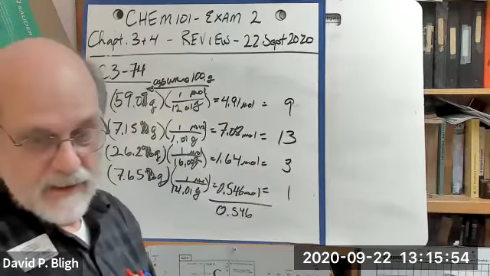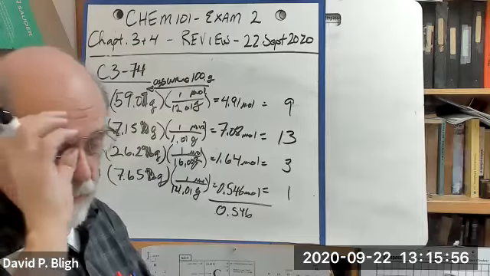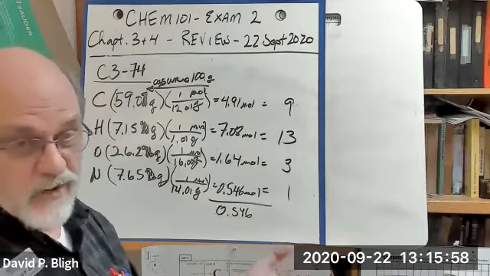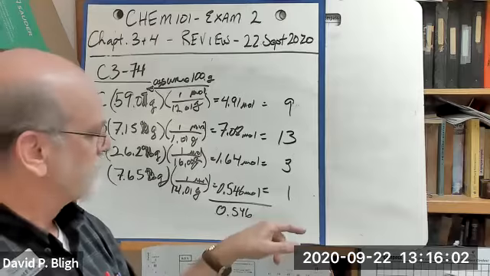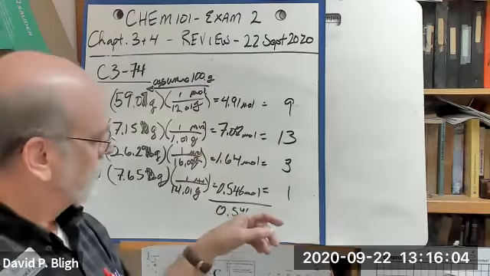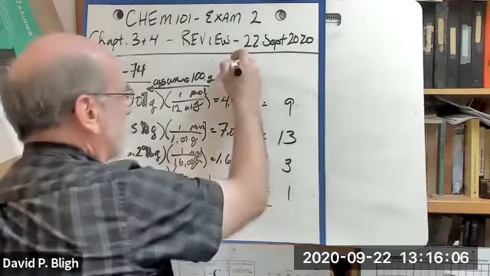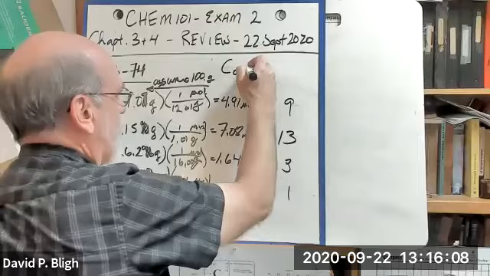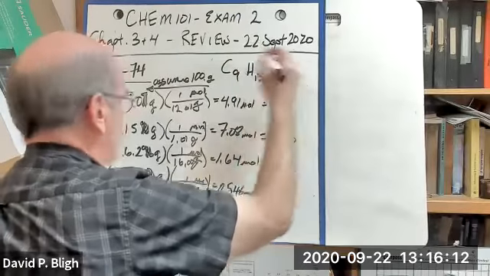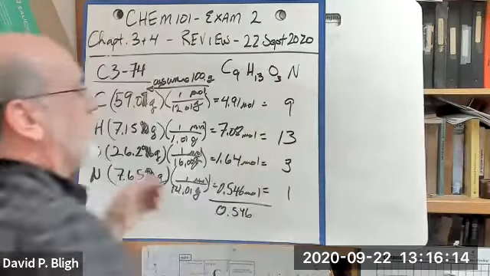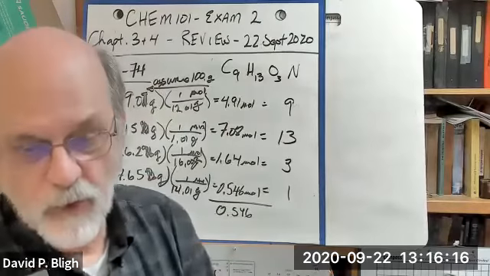Okay? Now, can we simplify this any further? Well, chances are you can't, because this one's already 1. You can't make it any smaller, and you don't want to go up. So what we have is carbon is 9, hydrogen is 13, oxygen is 3, nitrogen is 1. So that's the empirical formula for epinephrine.